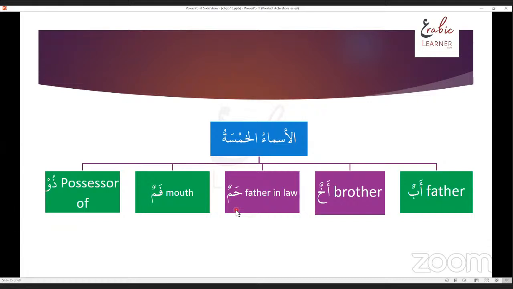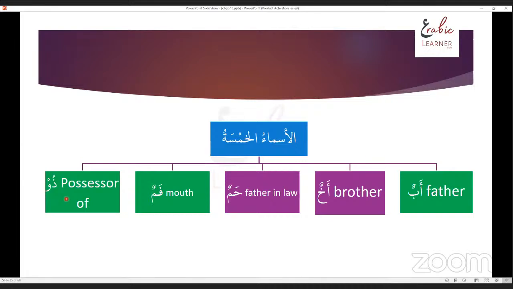Zu, you will not take it in this book, inshallah, but you will soon know what is zu, inshallah. But for the sake of all these five types of nouns, I have shown you in this slide. Abun means father, akhun means brother, hamun means father-in-law, famun means mouth, and zu. Remember this. From time to time, I'll be teaching you more.